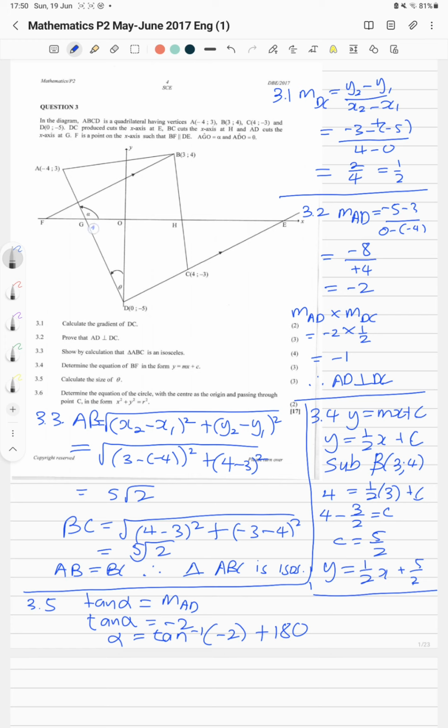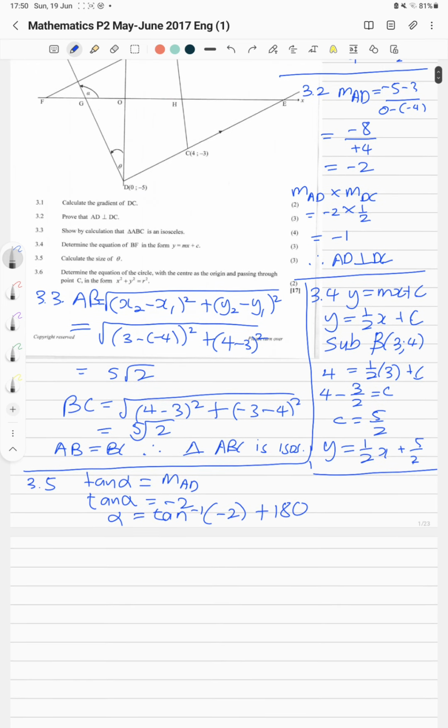You'll be finding a negative angle down here. That's not our angle of inclination. So on the calculator, if you do this and add 180 one time, you should end up with alpha equals 116,57 degrees.